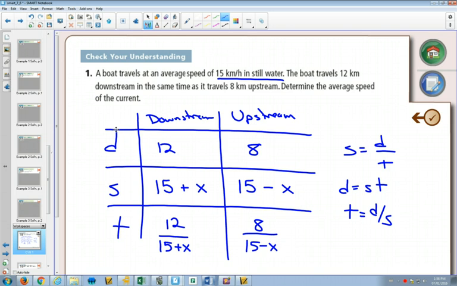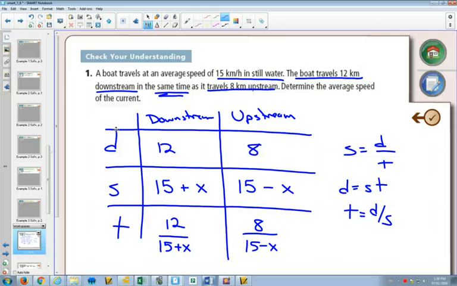Now that we've filled in our chart, we've got to come up with some way to make an equation. There's going to be some information in the question that's going to tell us how to make our equation. That's right here. The boat travels 12 kilometers downstream in the same time as it travels 8 kilometers upstream.